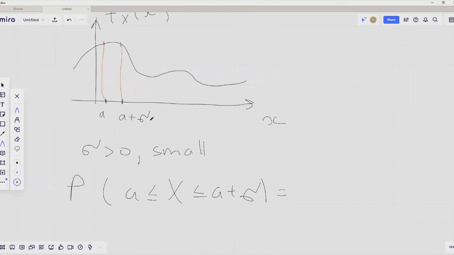In the case when delta is small, we can replace that area under our PDF curve by an area of the following rectangle that has a width of delta and a height of PDF at point A. So probability that our random variable x is in that interval is equal to PDF at point A multiplied by delta.